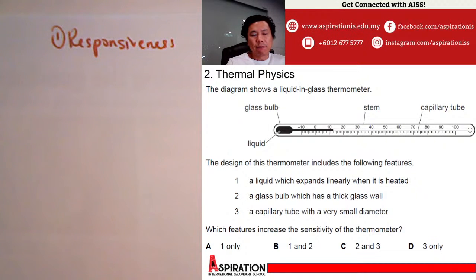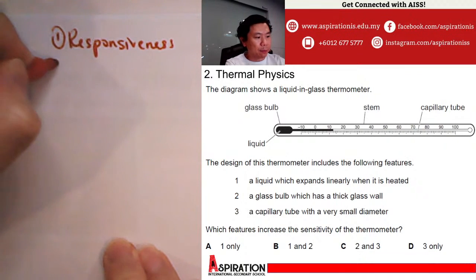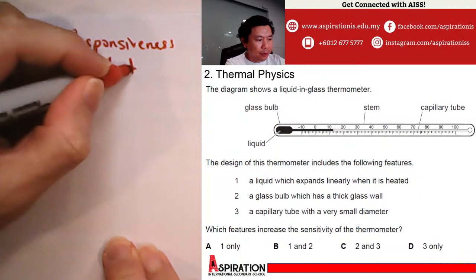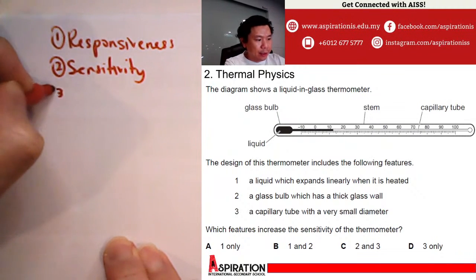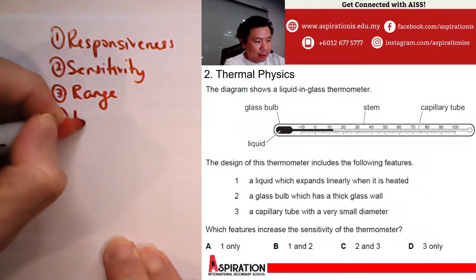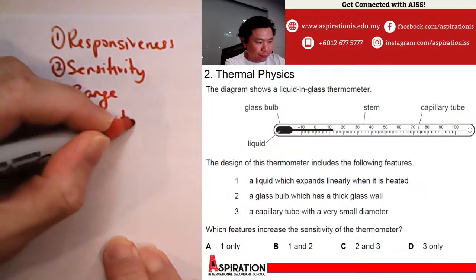So if a thermometer can reflect the correct temperature of the object that it's measuring, we say, oh, it's sensitive. No, it's responsive. Here in this topic, sensitivity means another thing. So there's responsiveness, there is sensitivity, there is range, and there is linearity.